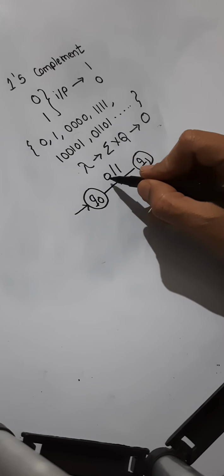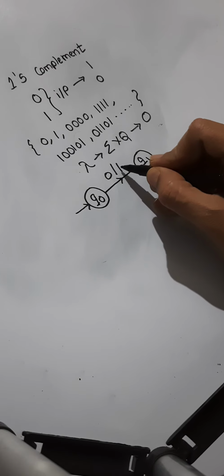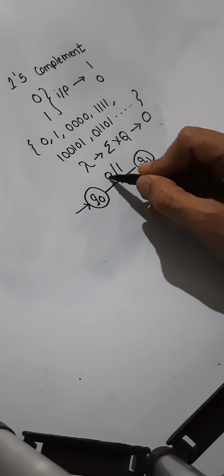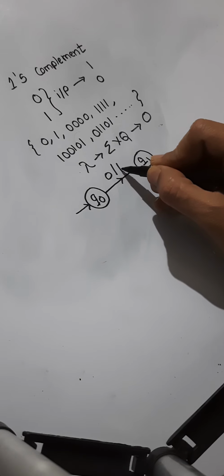So always remember students, in a Mealy machine, this is the input and this is the output. If you are giving 0 as an input, you will get 1 as an output.